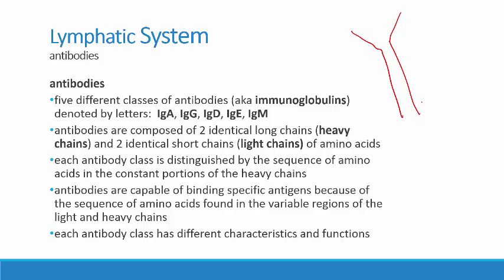So we've got the 2 long chains, they're identical. And then there are 2 short chains associated with them, and they are also identical. And there are connections between these 4 chains.